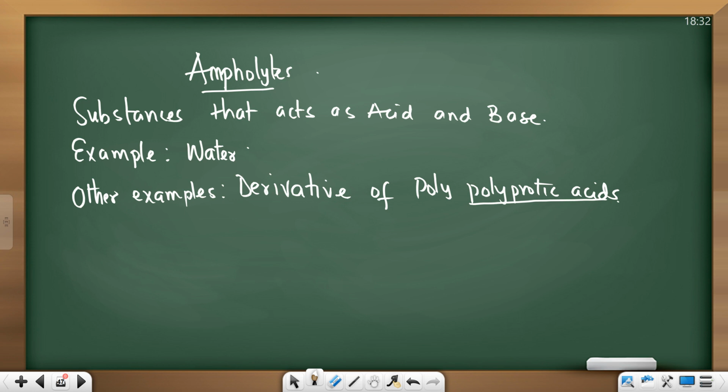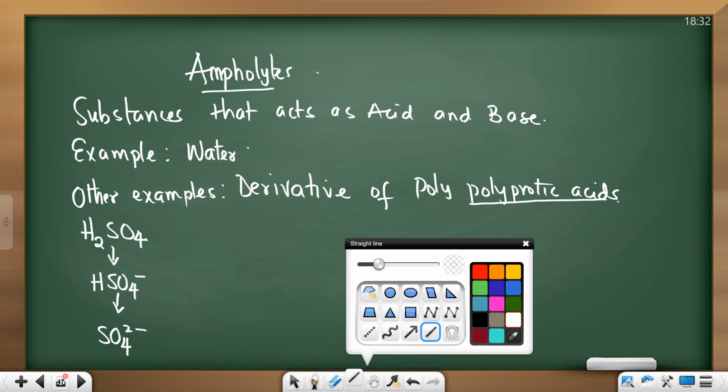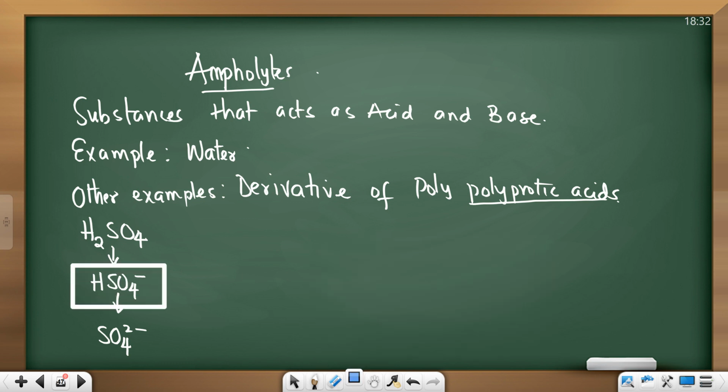So this is what I will do. Give me an example. H2SO4. It's a very simple dynamics that I use here. If we take out one proton, what are we going to have? HSO4 minus. If we take out another proton, what are we going to have? SO4 2 minus. The one in the middle is an ampholyte. That's another example of an ampholyte.